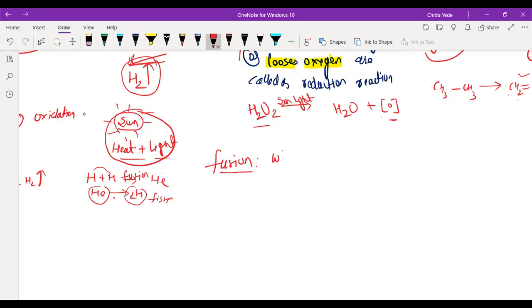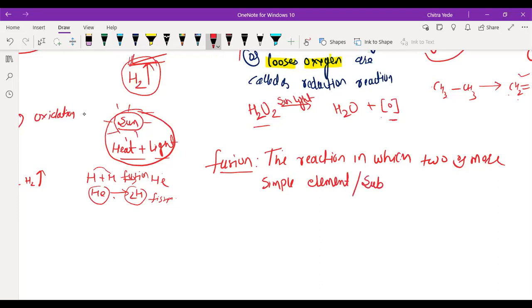The reaction in which two or more simple elements or substances combine to form a complex substance is called a fusion reaction.